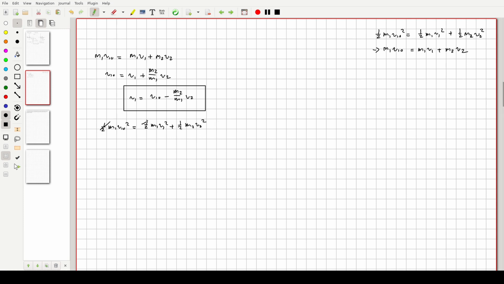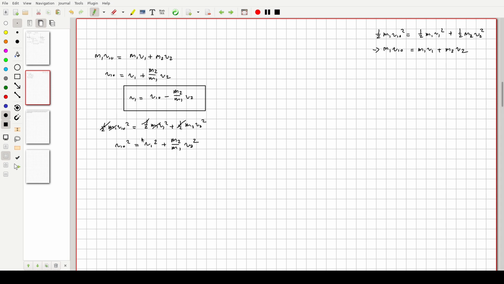There's a half in front of these guys, so that goes away. I'm going to also go ahead and divide through by M1. When I do that, this goes away, and you get an M1 under here. Looks like that.